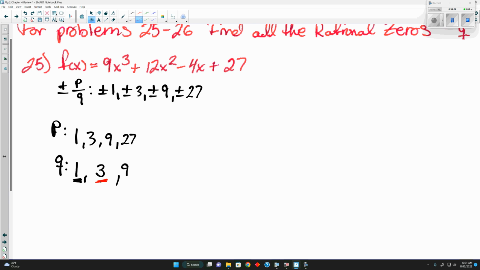Then we can move over to 3. So we have 1 divided by 3, which will be plus or minus 1/3. 3 divided by 3 is 1. We already have it. 9 divided by 3 is 3. We already have it. 27 divided by 3 is 9. So the only one that added was 1/3. We can move over to the last one. 1 divided by 9 is 1/9. 3 over 9 is 1/3.